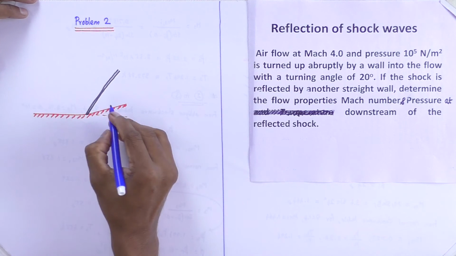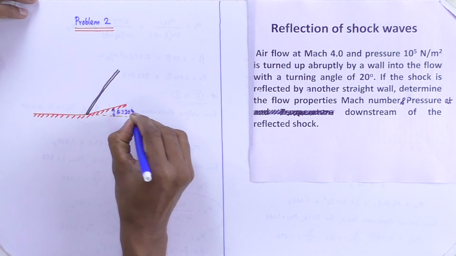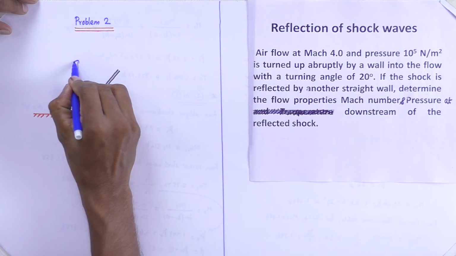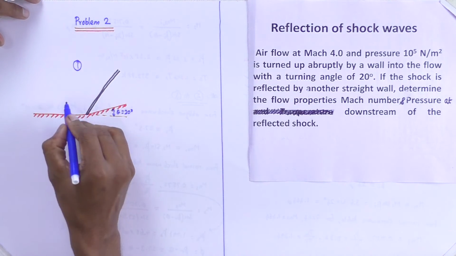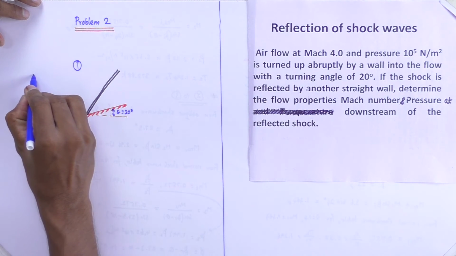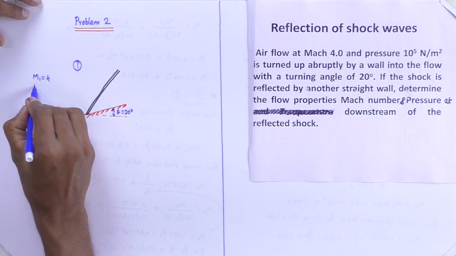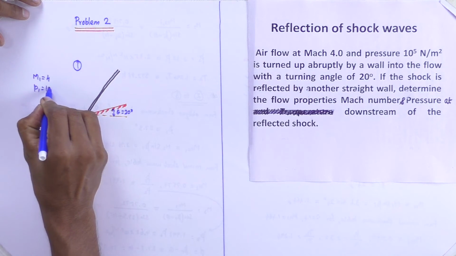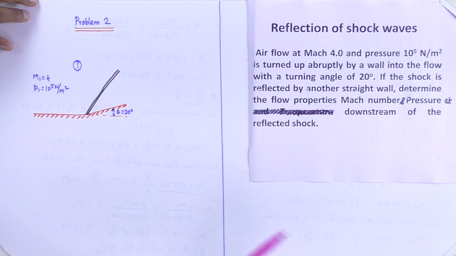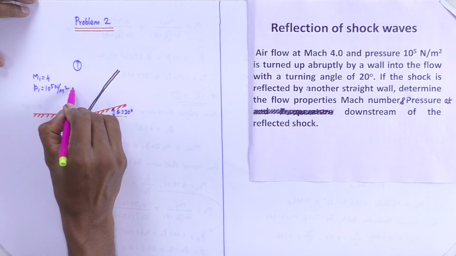This angle theta is equal to 20 degree. For the upstream flow properties, let's say the upstream region is 1. Here the Mach number M1 is equal to 4 and pressure P1 is equal to 10 power 5 Newton per meter square. In this region the flow direction will be parallel to this surface.